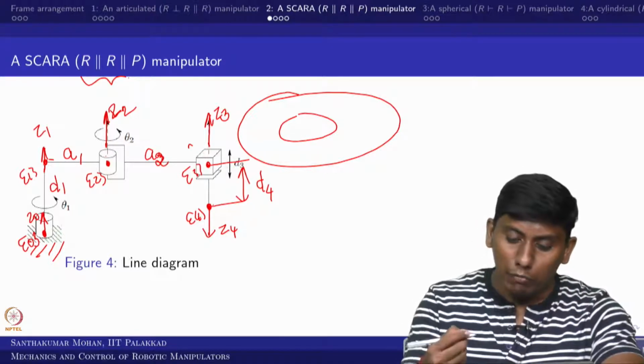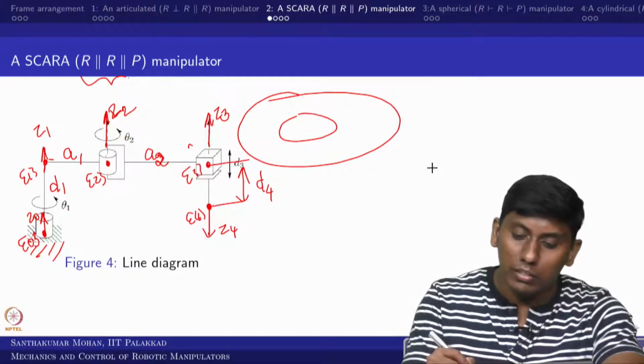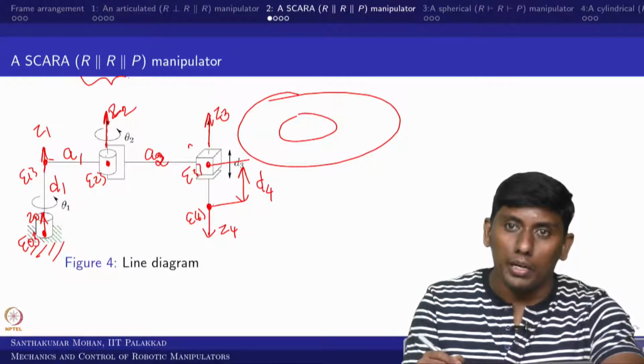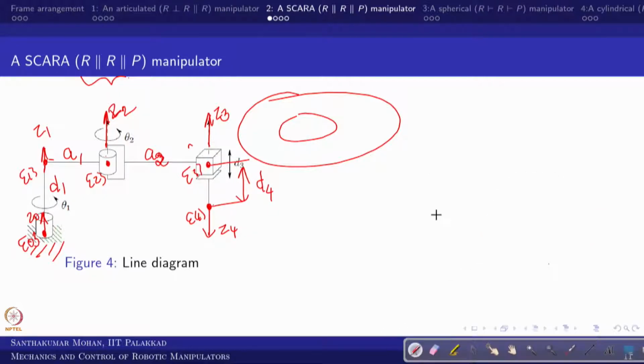For your benefit I am drawing this diagram here. I started this as 0, this as 1, this as 2, this as 3 and this as 4.